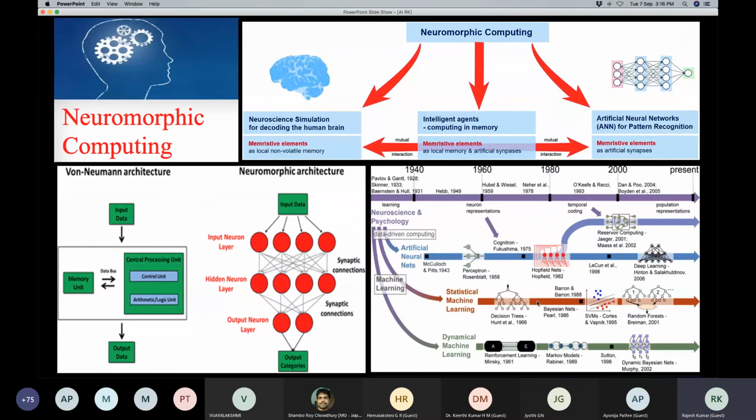This one is just to give you one idea about the development in machine learning or AI, where we are basically copying or mimicking our brain process. So you can see the right side of the slide there.